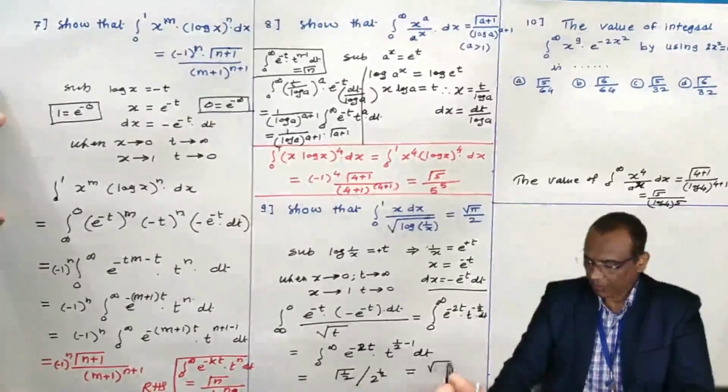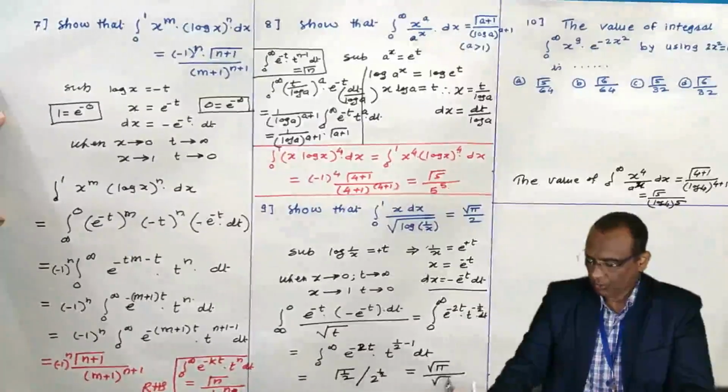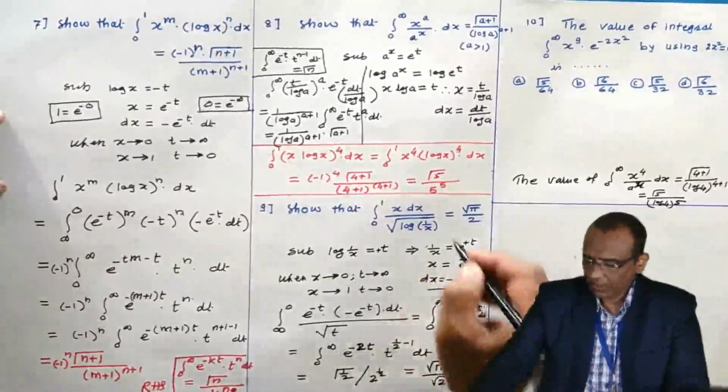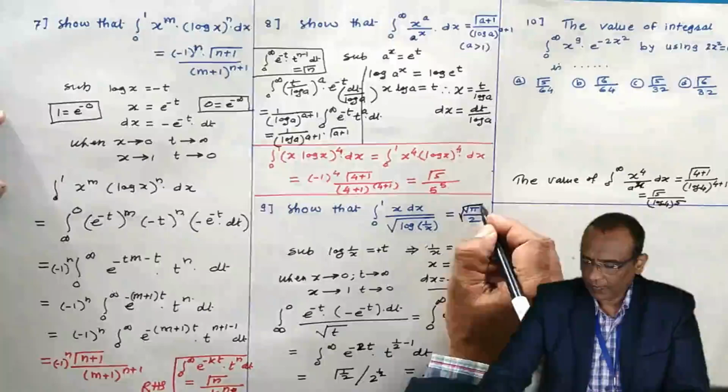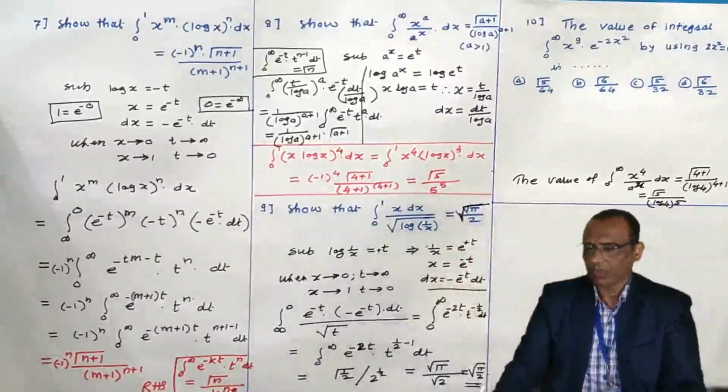Gamma 1 by 2 is root pi, and 2 to the power 1 by 2 means root 2. This root pi by root 2 is the answer to this. In this way we have done.